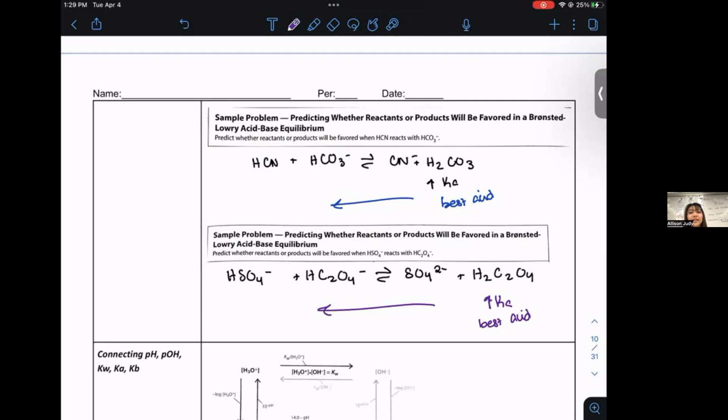Yes, but here we're looking at a series of acids and we're trying to figure out which acid is going to be the better acid out of the combo and which one's going to act more like a base. These are polyprotic acids. They can act as both base or acid. You have HCO3 minus, which is a polyprotic conjugate, and HSO4 minus. So you have a species involved here that is both acid and base, which is why we're just looking at Ka here.